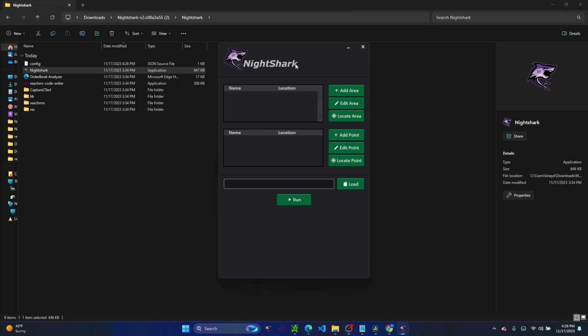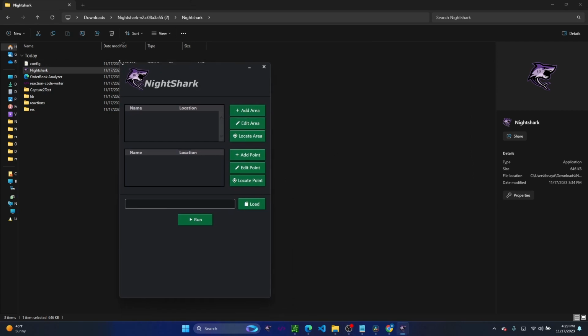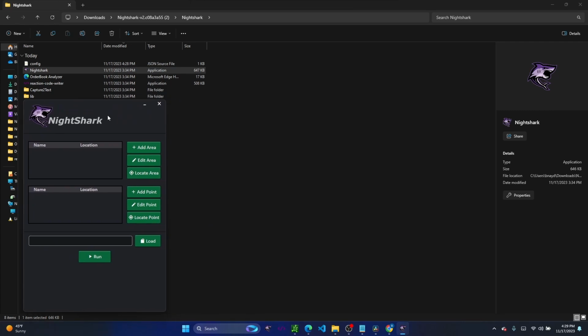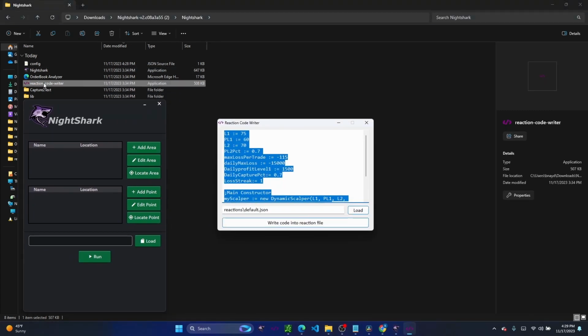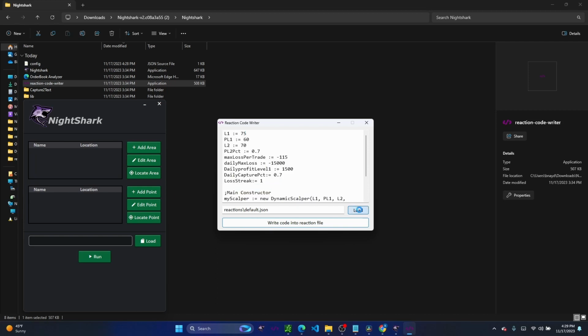After logging in, you can find the main UI, and this is what it's going to look like. And this is another app called Reaction Code Writer. To get the Nightshark's dynamic scalper code, this is what the scalper code looks like, and you can tweak these numbers as you like.